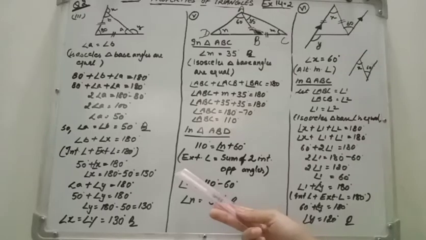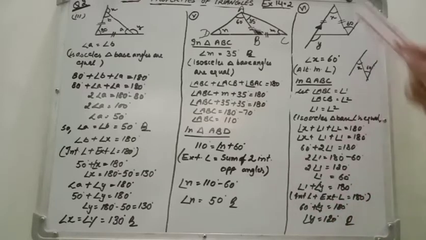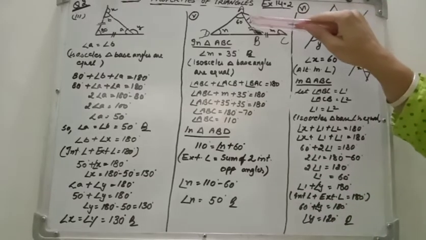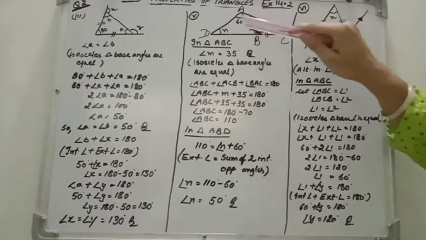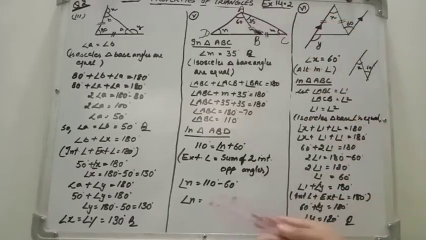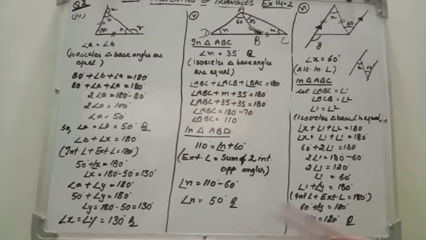So we are using the property: exterior angle is equal to the sum of the two interior opposite angles. This angle is exterior for this triangle. So 60 will move to the other side. After subtraction we get angle n is equal to 50. So that is our answer.